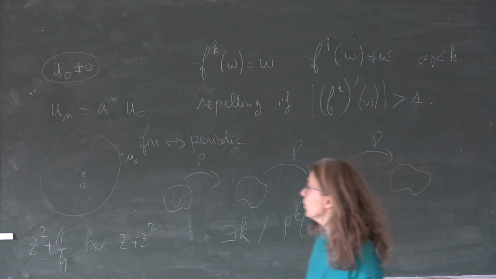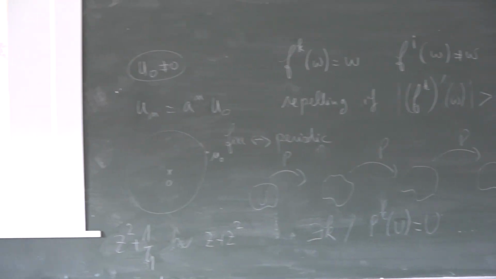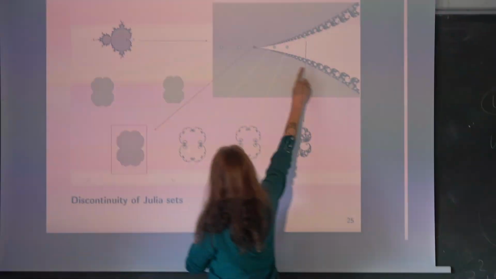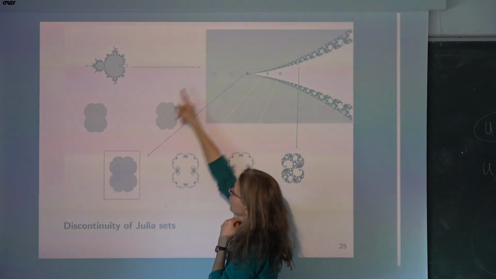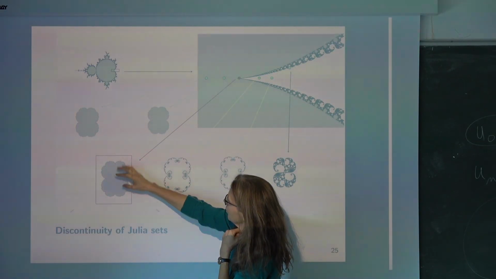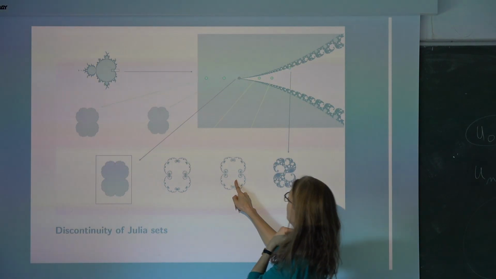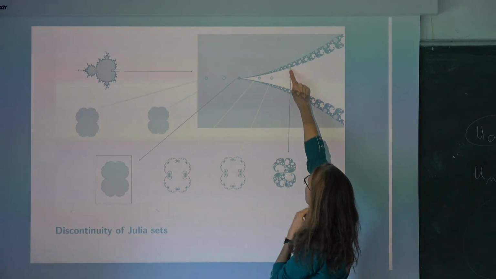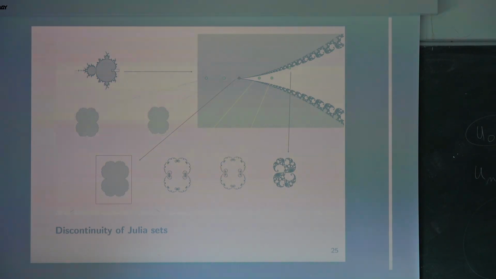So here there are some pictures. This is the Mandelbrot set. Here it's connected, outside it's not connected. If you take a parameter c here, the Julia set looks the same until the limit, it's just more distorted. And if you are on the real line, you have these two pictures. And if you are in the complex plane, you have a picture which is really different.